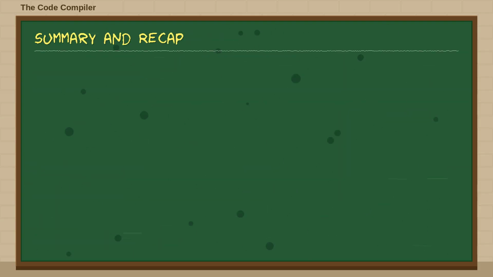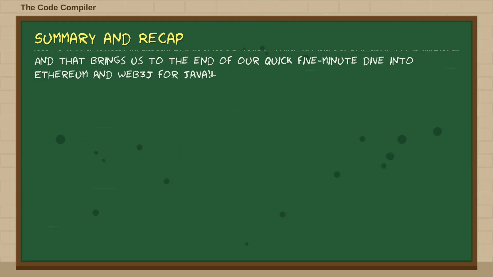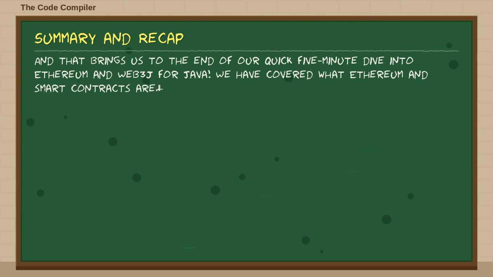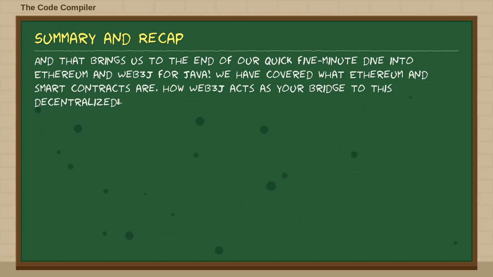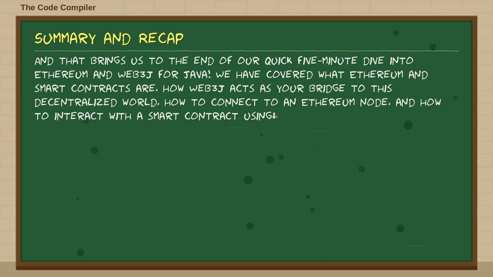And that brings us to the end of our quick 5-minute dive into Ethereum and Web3j for Java. We have covered what Ethereum and smart contracts are, how Web3j acts as your bridge to this decentralized world, how to connect to an Ethereum node, and how to interact with a smart contract using practical Java code.